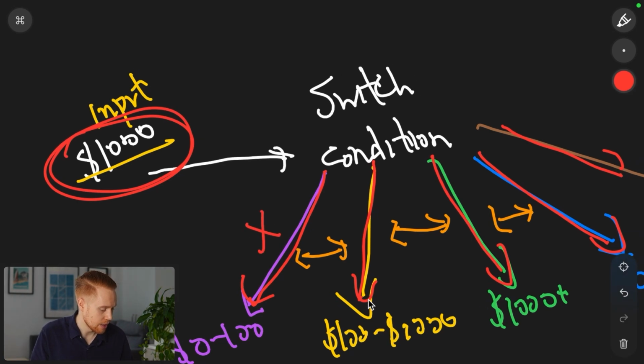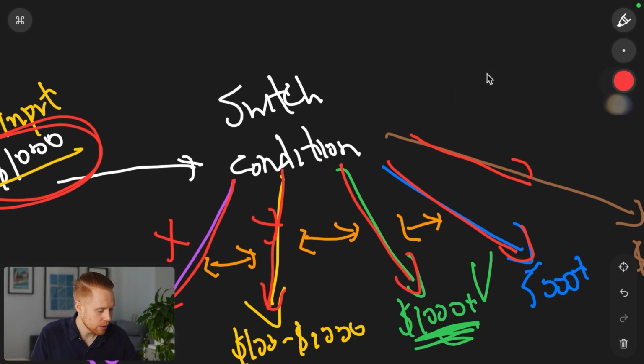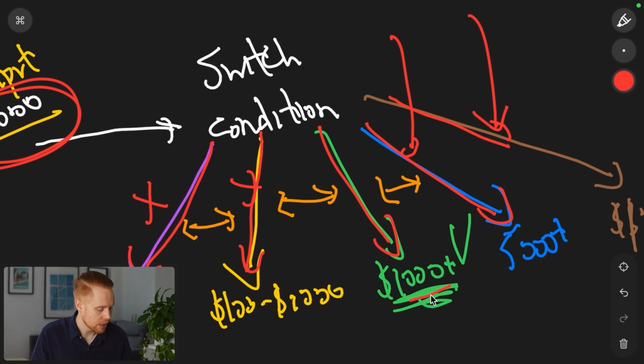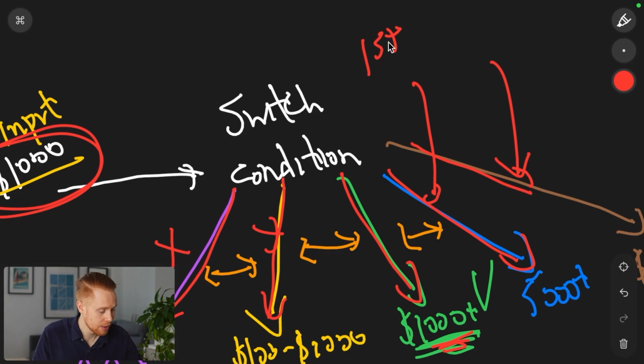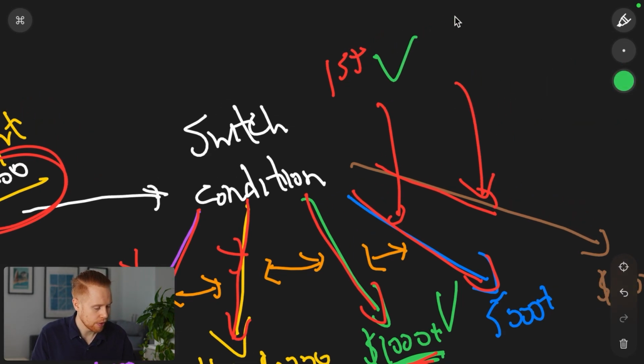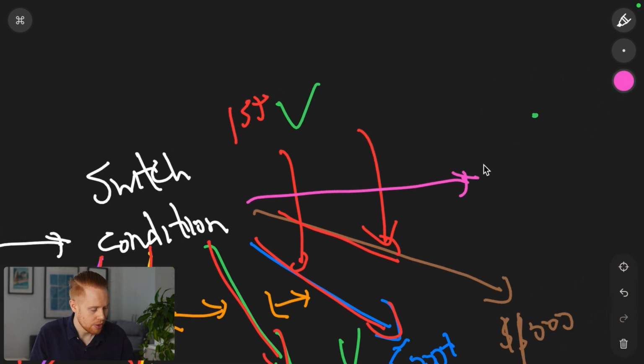Let's say it's not this one either, but then it's exactly 1,000 plus. Well, then it checks off this scenario and we're good to go. It's not even going to look at the next scenario or the last scenario because it's already found a condition that has been met. So it goes down the first path where the condition is correct. And with this, you can also have a fallback value at the end, where you say if none of the conditions are met, then we're going to go down a fallback value.